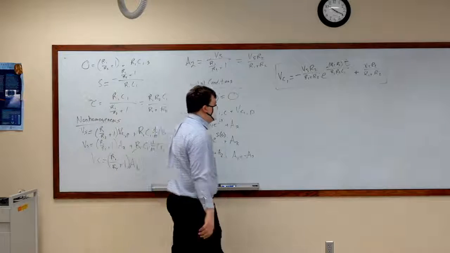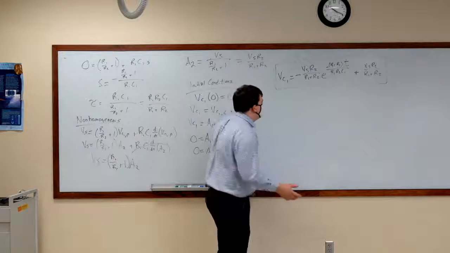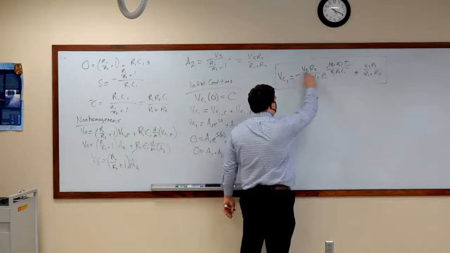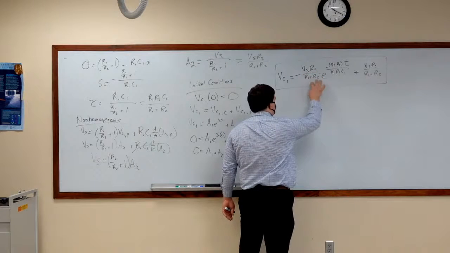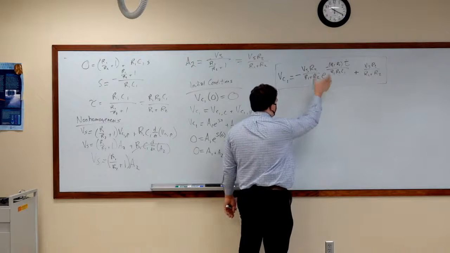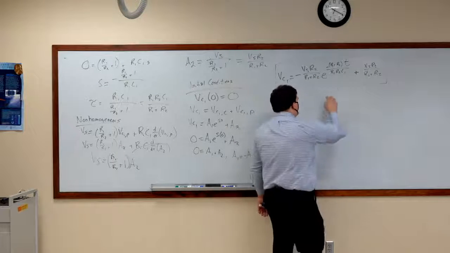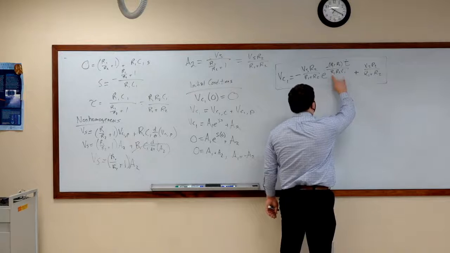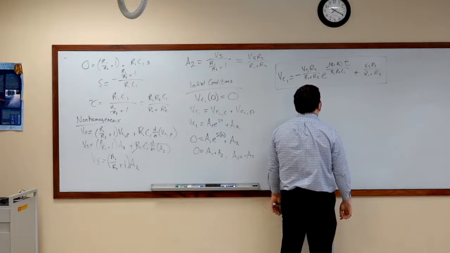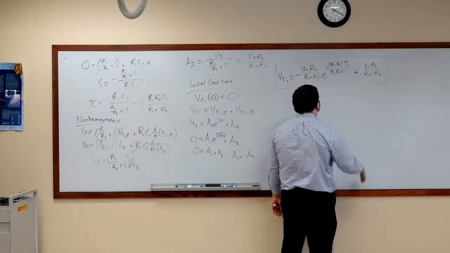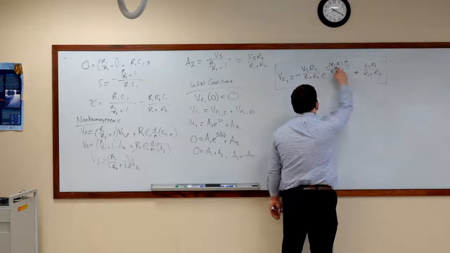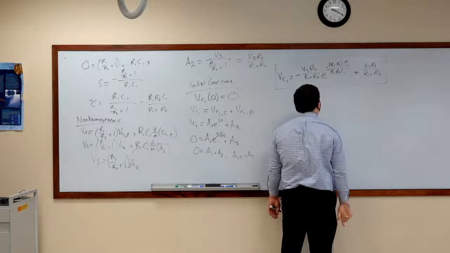You will notice, just looking at this, if we look at unit analysis on this, this is the voltage times the resistance divided by a resistance, which is going to have units of voltage. That's what you would expect. This one has a resistance on top, and two resistances and a capacitance on the bottom.